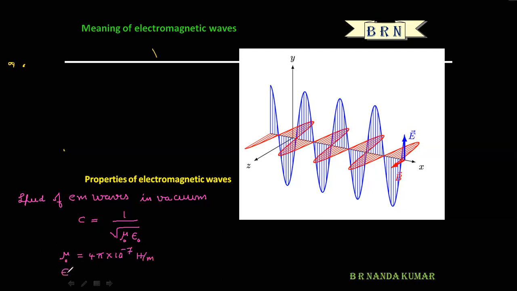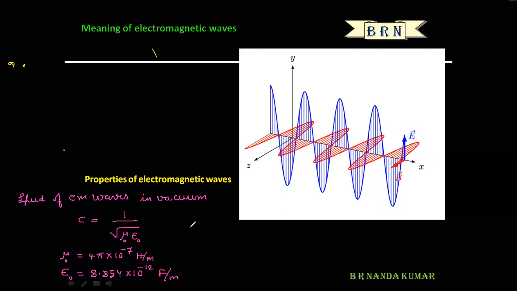Epsilon naught is the permittivity of free space, which determines the strength of electric field lines in free space or vacuum. Its value is 8.854 times 10 power minus 12 farad per meter. This is the mathematical expression for the speed of light, the speed of electromagnetic waves, in terms of mu naught and epsilon naught.